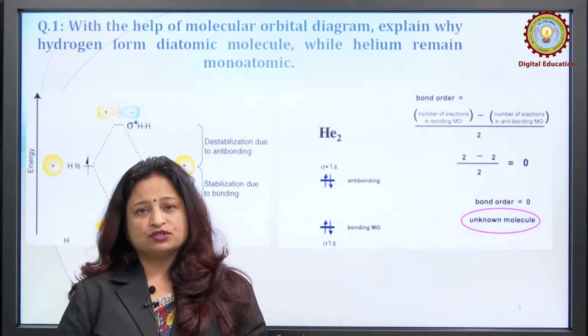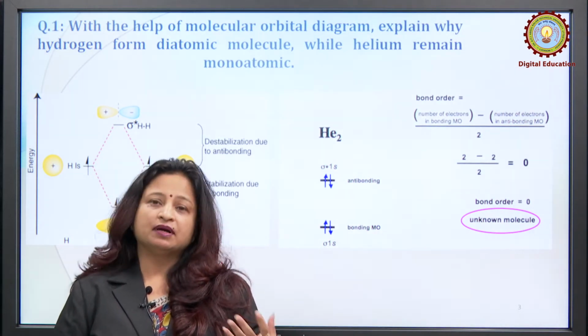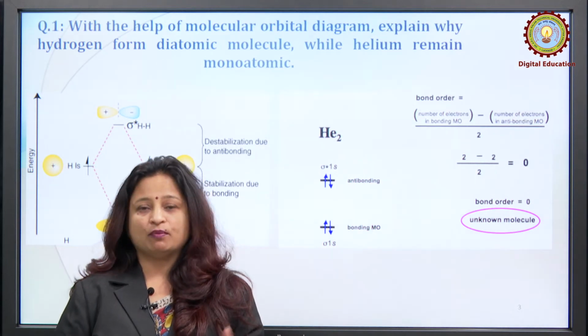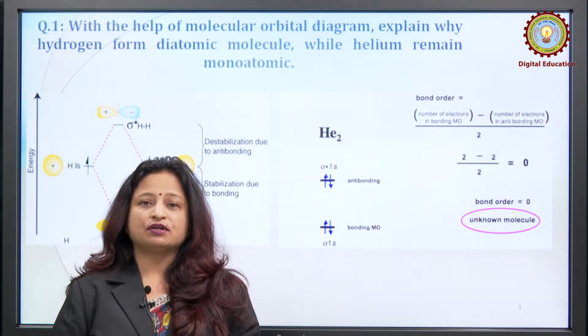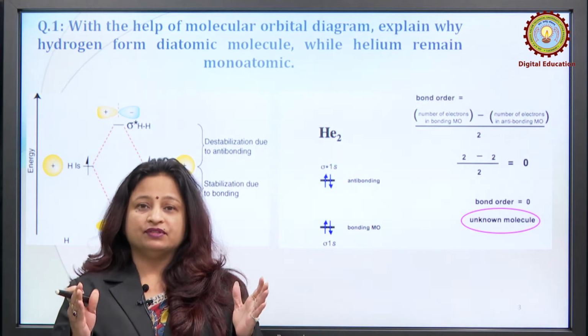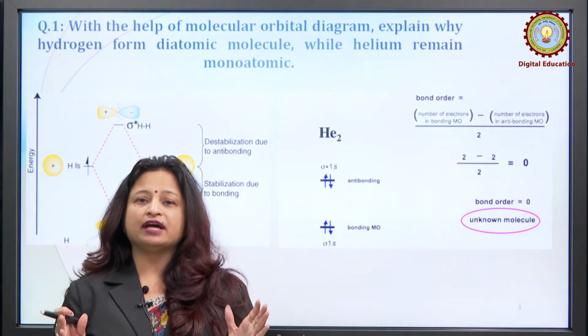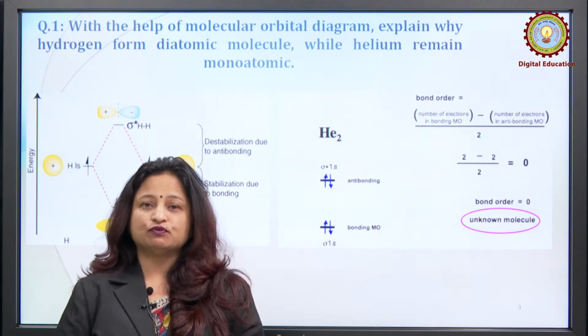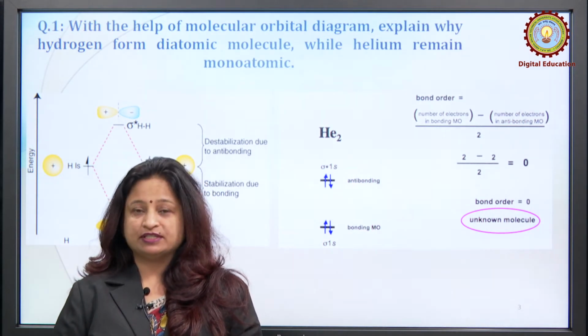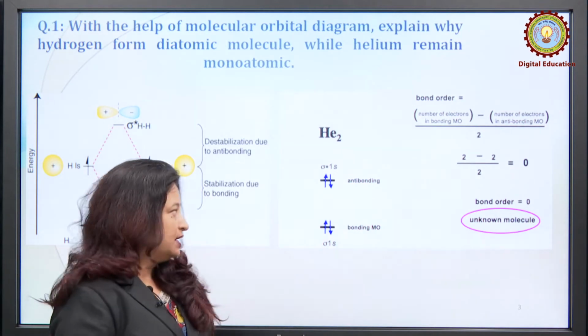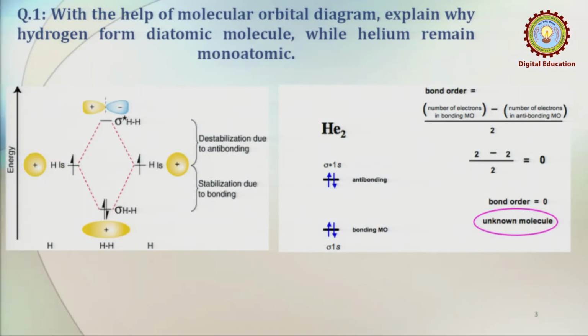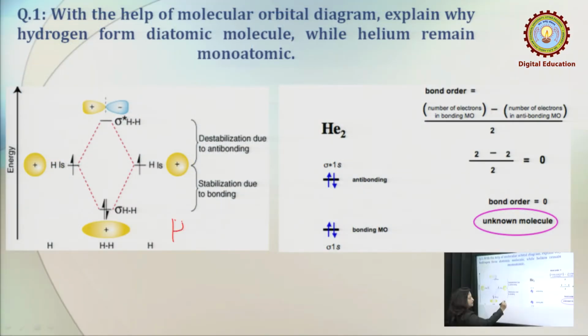So, one hydrogen atom combines with another hydrogen atom to form a hydrogen molecule with the bond order 1, which shows that there is a stable bond formation. What does this mean? That two hydrogen atoms combine together to form the hydrogen molecule. It is a stable molecule, and you can see that there is a single covalent bond between two hydrogen atoms.